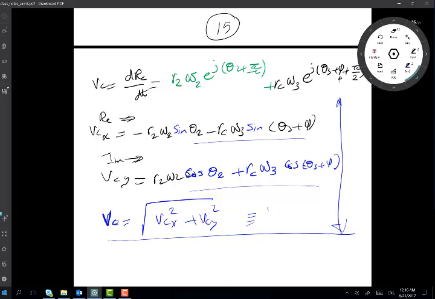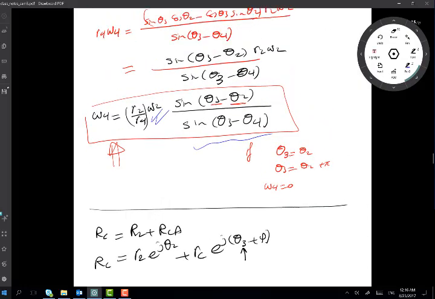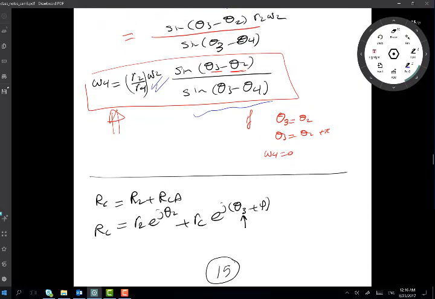I just need to realize that for points I am calculating x and y values, and I need to know how the point is sitting on the link in terms of the distance on the link and the angle from some reference line in the link, like angle phi in this case, and so on. All right, okay. So that's once I have done my velocity analysis, I can find the velocity of a point.